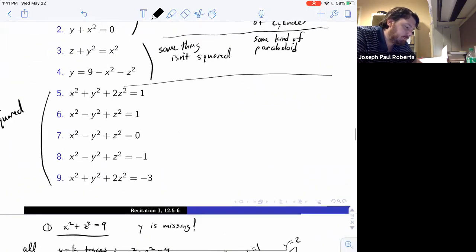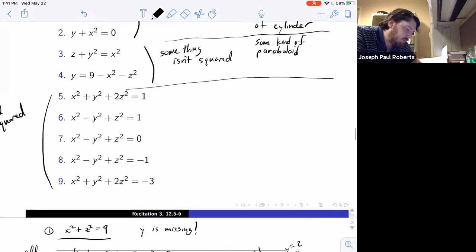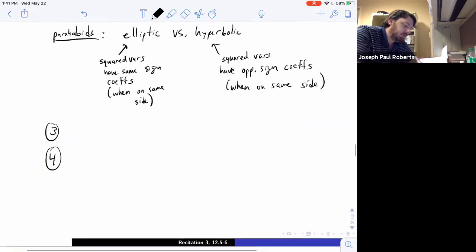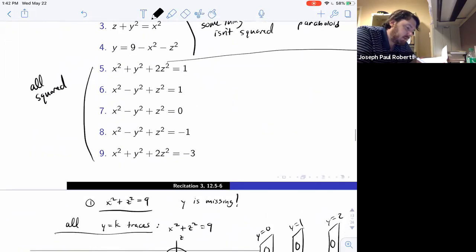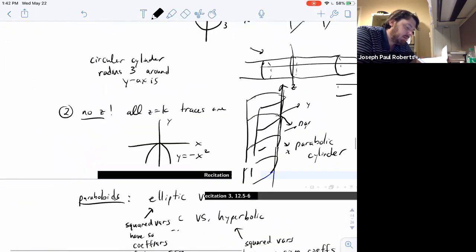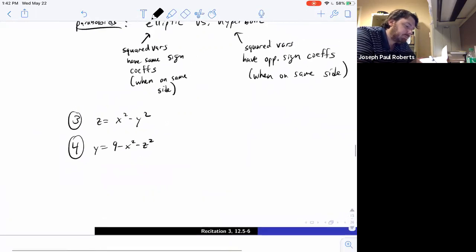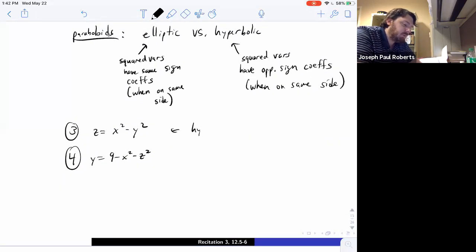Equation 3, I'm going to put the squared variables together and see that equation 3 is z equals x squared minus y squared. In equation 4, it's y equals 9 minus x squared minus z squared. This is going to be a hyperbolic paraboloid. And this one's going to be an elliptic paraboloid.